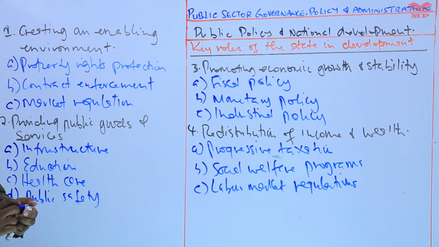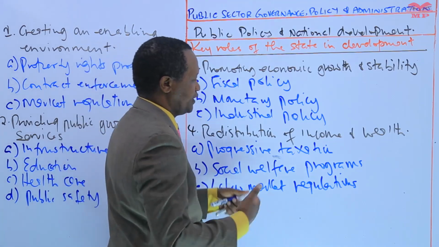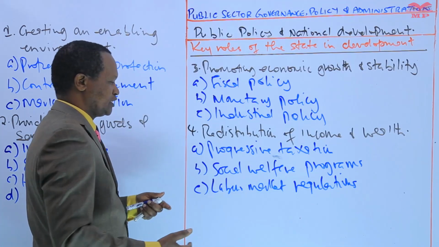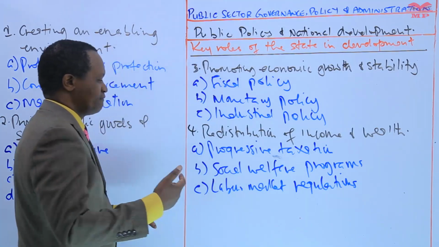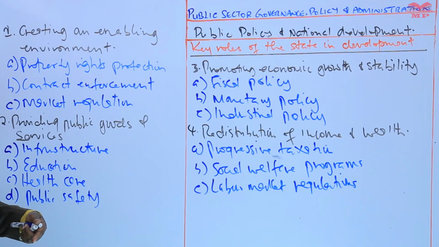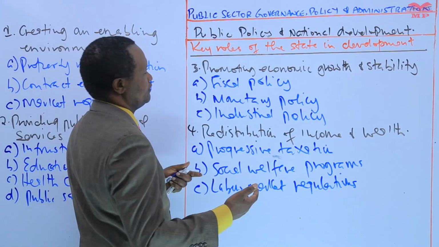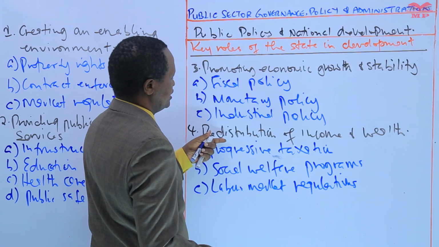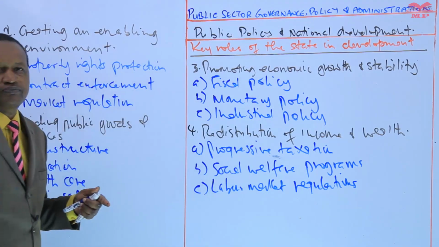That means protecting workers' rights and ensuring fair wages. Protecting the workers' rights and ensuring that they have fair compensation. Candidates, we were discussing the key roles of the state in development. It is the role of the state to redistribute income and wealth.